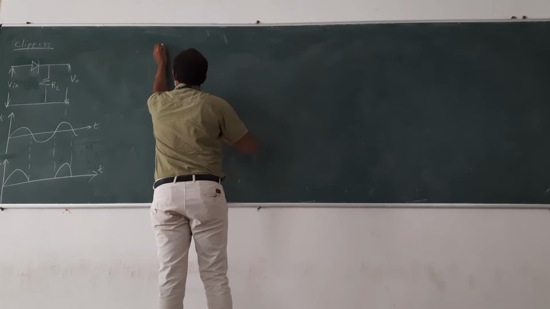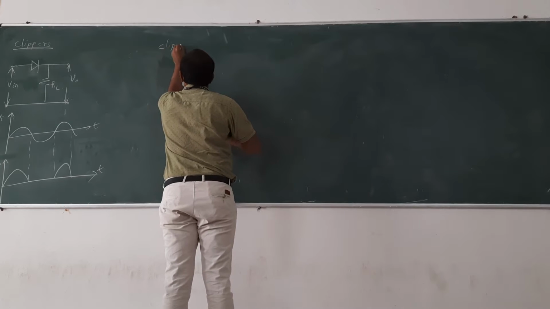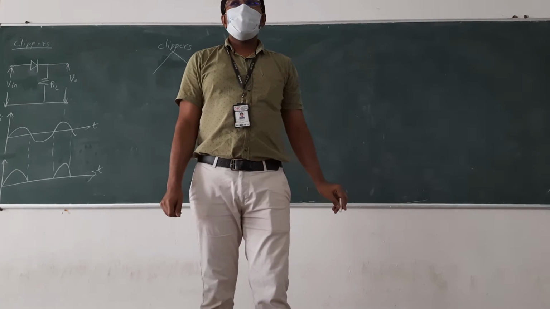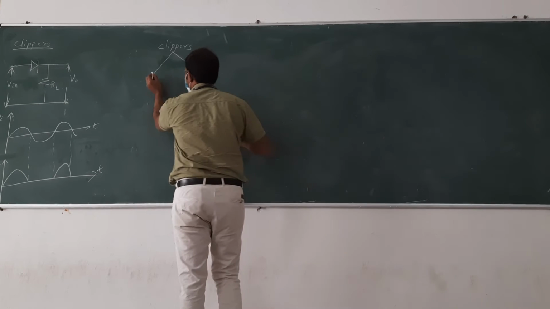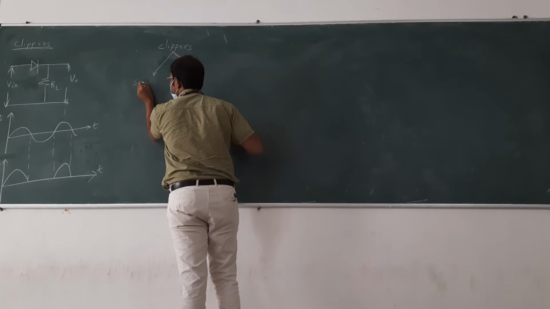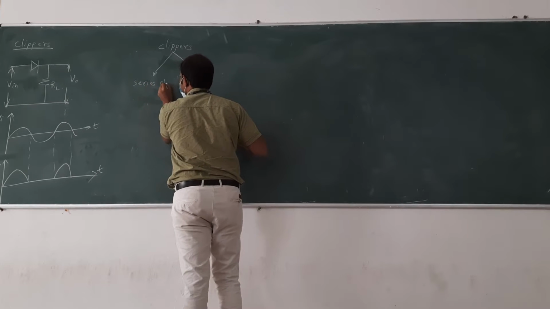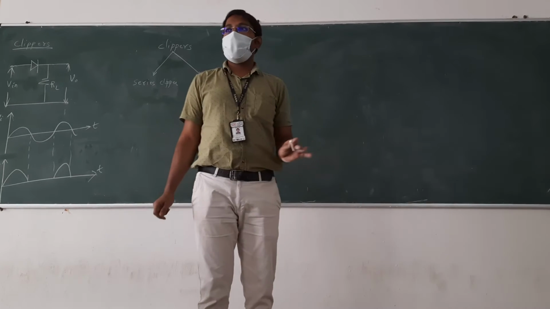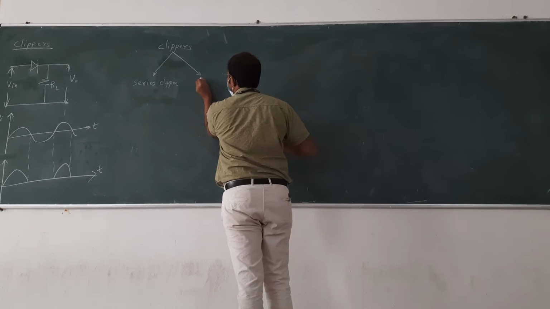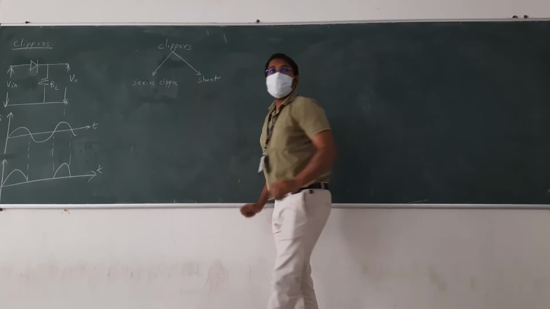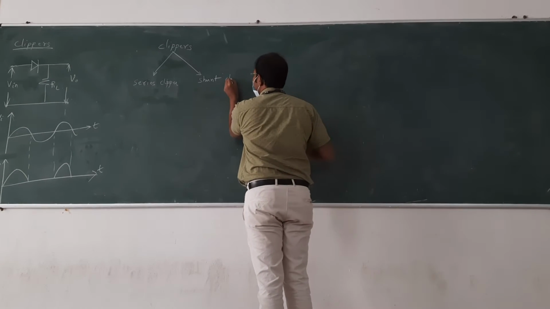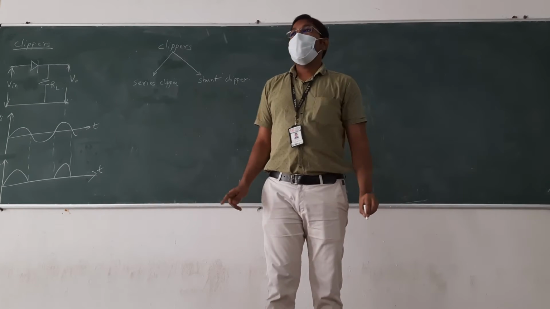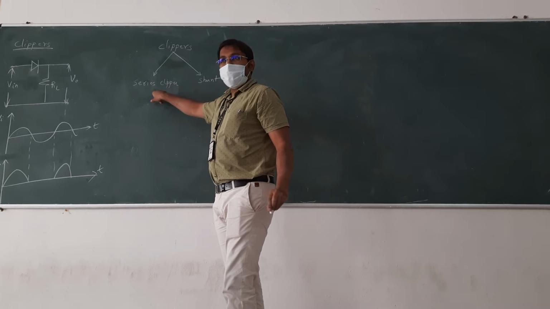Basically, clippers are categorized into two. One is series clipper, another is parallel clipper, or the other name for parallel is shunt clipper. What do we mean by series clipper?